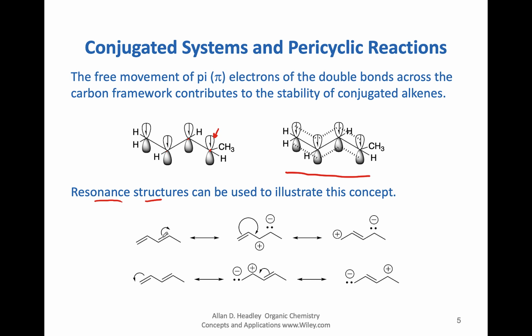So here's one. So these electrons can come out of this carbon. Here they are. And what's left behind is a positive charge. And then these electrons here can come out to bond right here. And what's left behind is a positive charge. So this is another way of representing the free movement of electrons across these carbons here in a conjugated system. So now you can see the importance of resonance, or one of the importance of resonance.